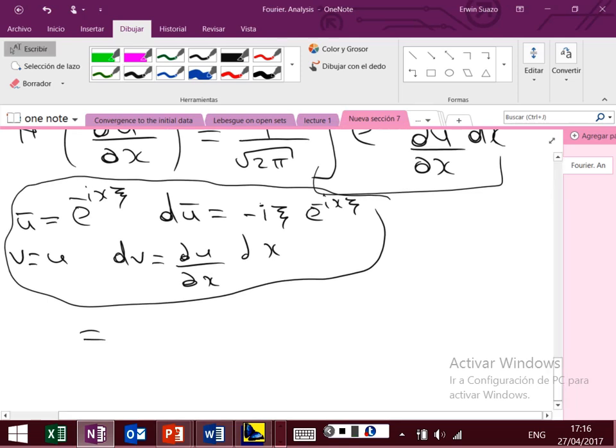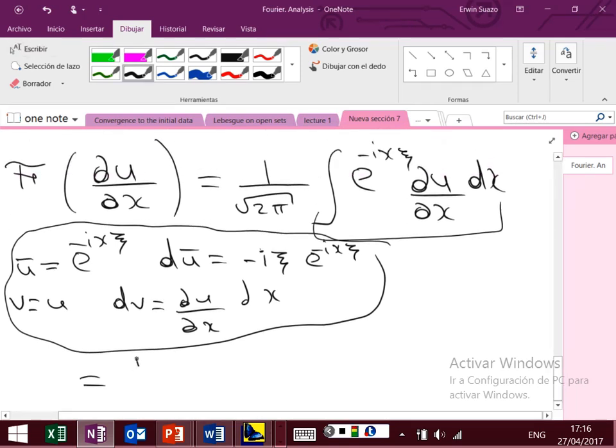Okay. So then by this I got 1 over the square root of 2 pi, and then by integration by parts, this is u times v. So u times v will be e to the minus i xi x times u, but this is from minus infinity to infinity. So that's kind of important here.